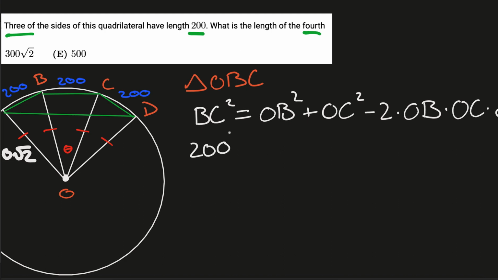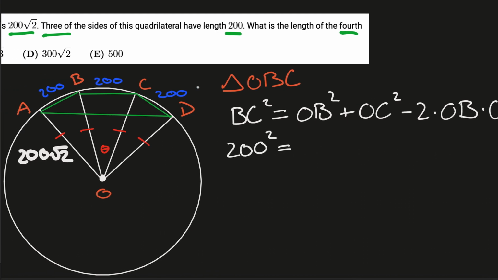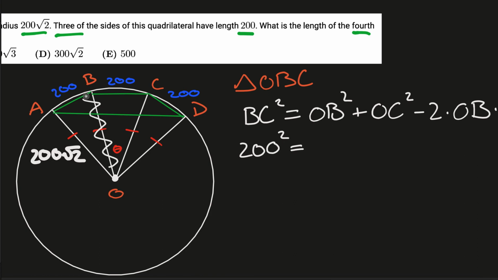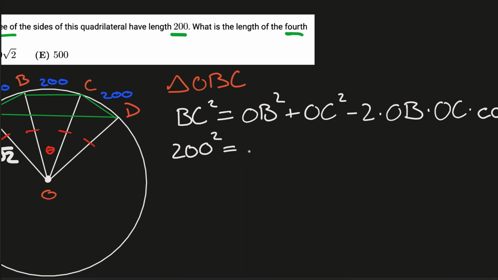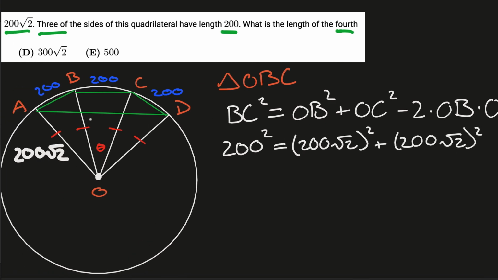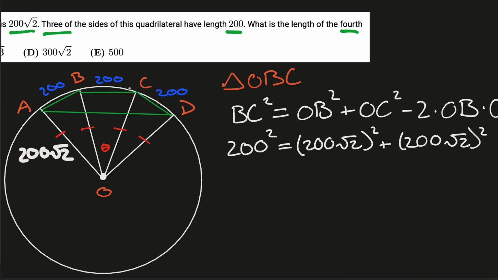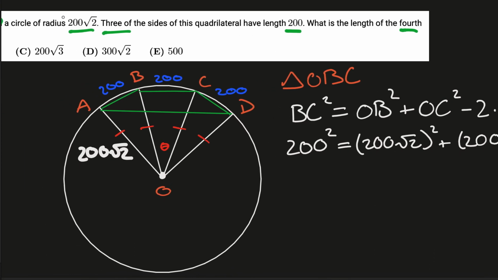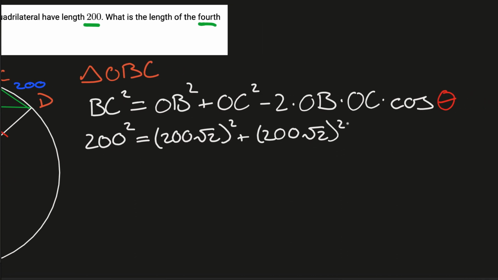So 200 squared equals, and we also know that OB is directly from that radius. So it is a line segment from that radius, 200 times square root of 2, and OC is 200 square root of 2 as well. These two start from the center and go to an endpoint of the circle. So radius of 200 square root of 2, we're going to plug it in right here.